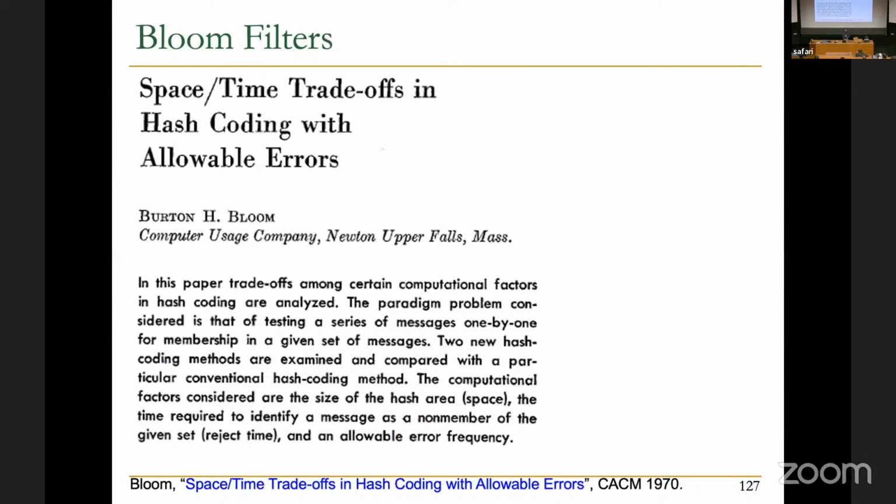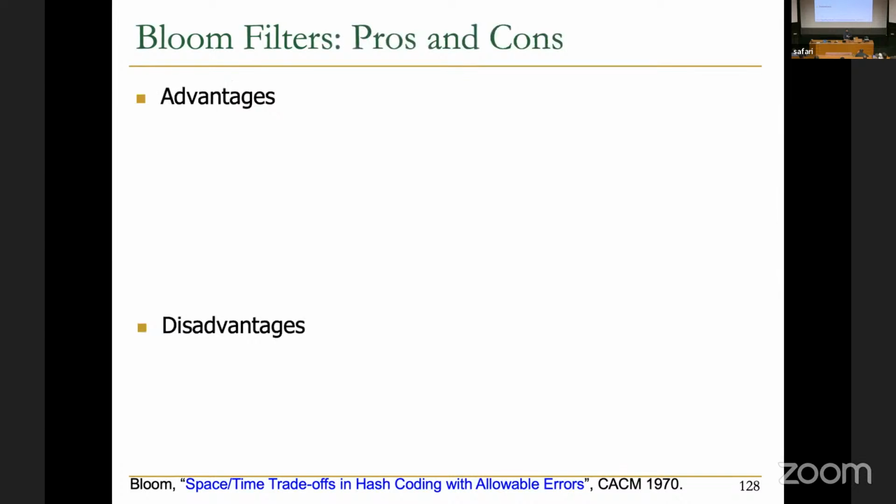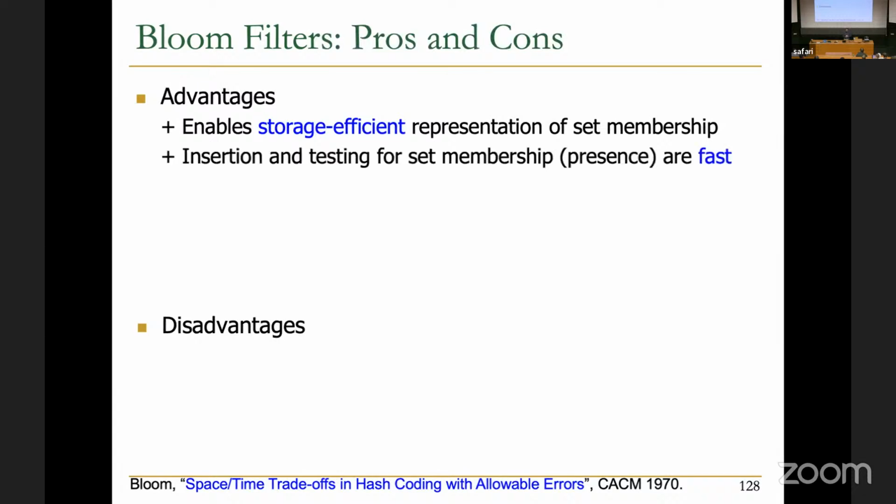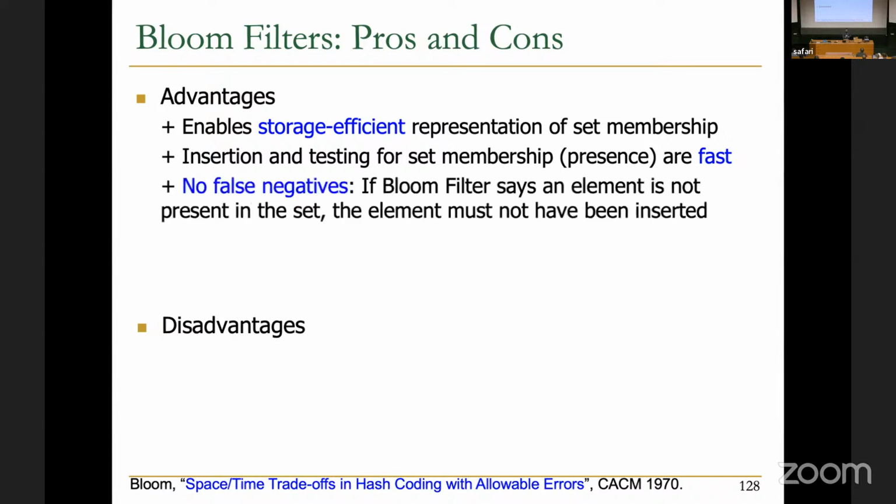Yeah, this is the paper that proposes Bloom filters. This method enables us to store the metadata in an efficient way, and inserting and testing for set membership is quite fast, because you only go through some hash functions, check some bits, and perform an AND operation, which is quite fast.